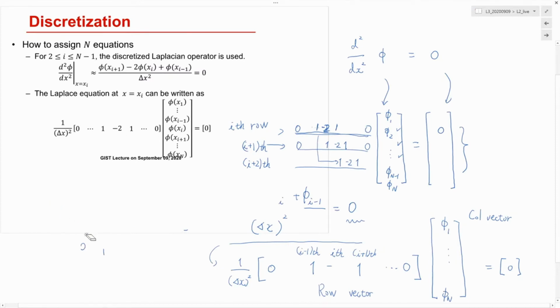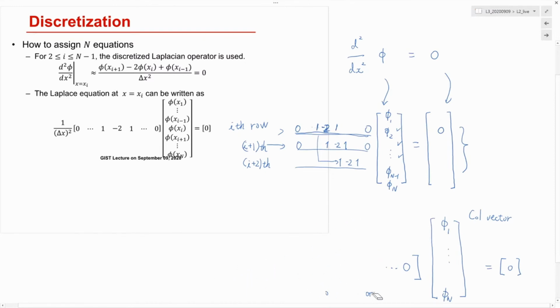Of course, since this second order derivative can be evaluated, you can apply different evaluation positions. For example, you can evaluate it at x2, at x3, and at xn minus 1. Also, you can evaluate this Laplace equation.